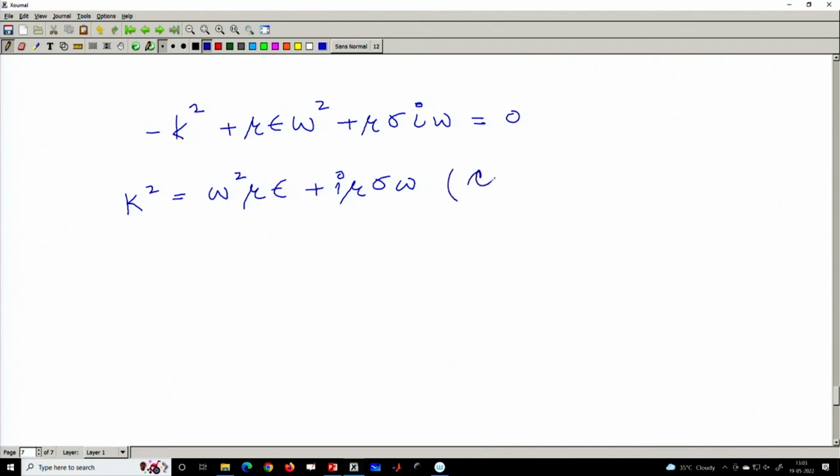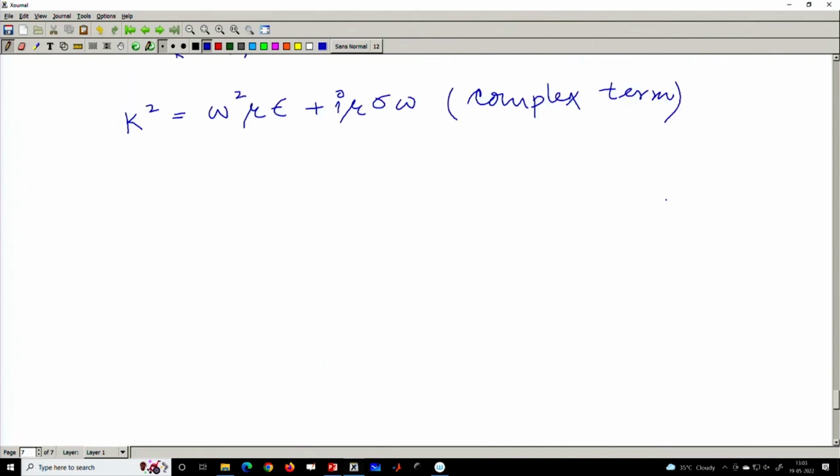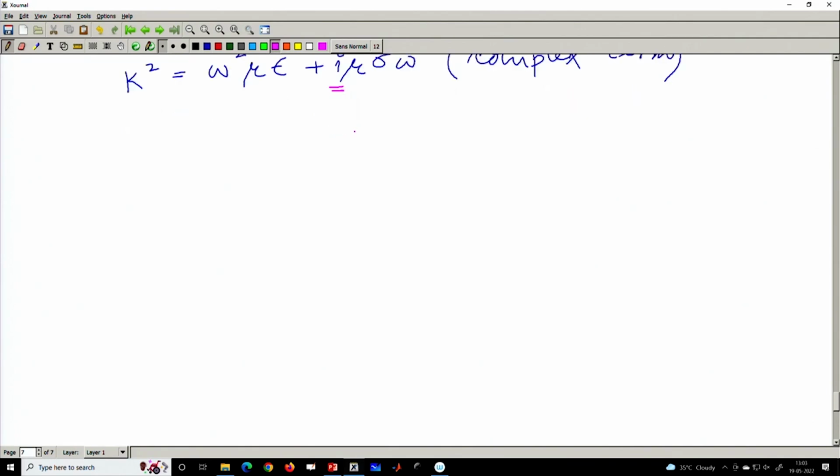You can see that k is now complex, which has a term associated with i sitting here. Now, I can write k in two forms. k is a propagation constant.